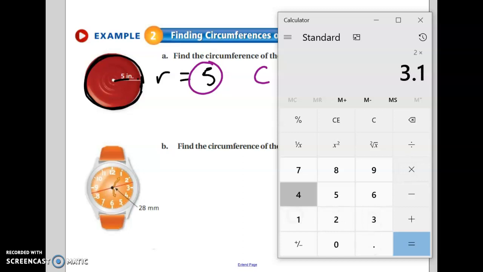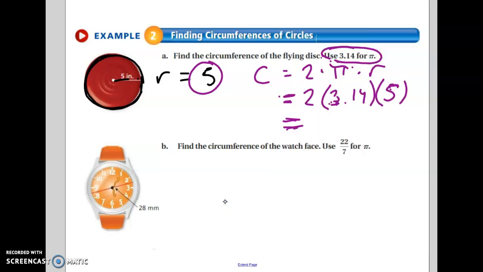Did I already do it? Yep, and so I can see in that calculation bar, 2 times 3.14 times 5 is 31.4. So here's my answer: 31.4 inches.